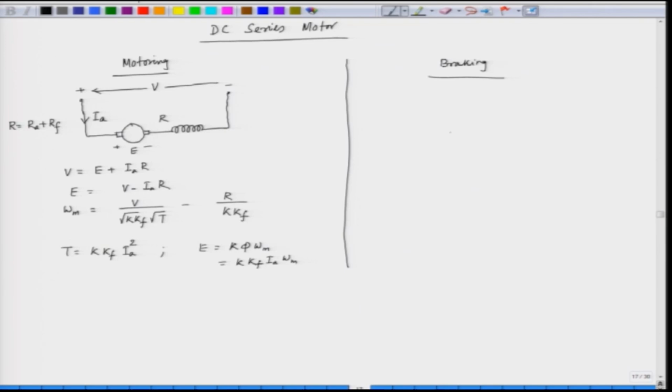Similarly, we can go for the braking. In case of the braking, what we do is we change the connection of the armature with respect to the field winding.